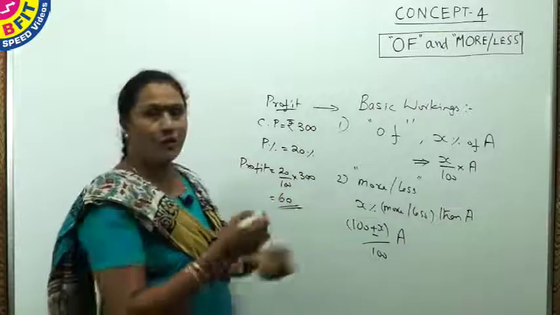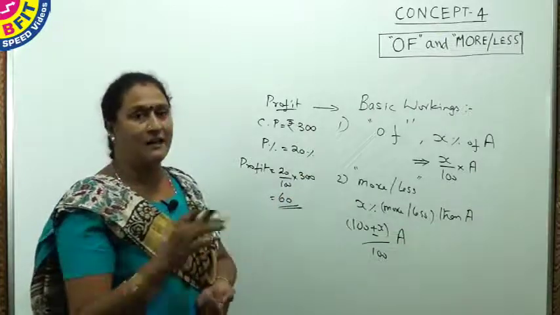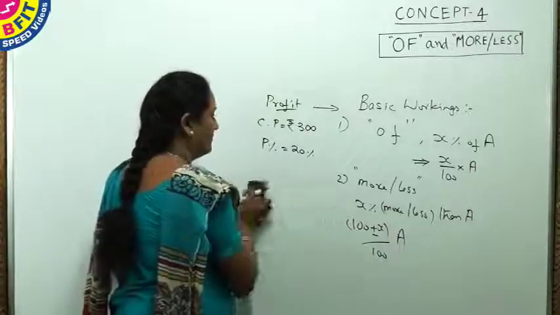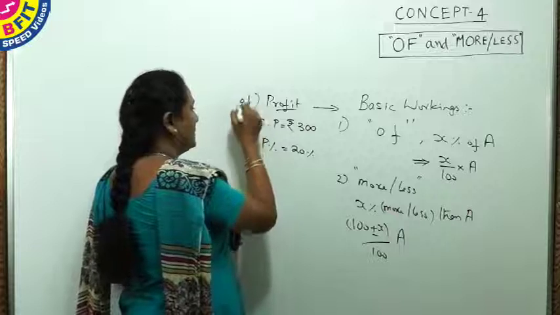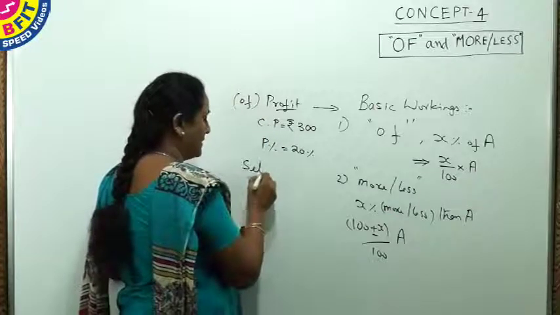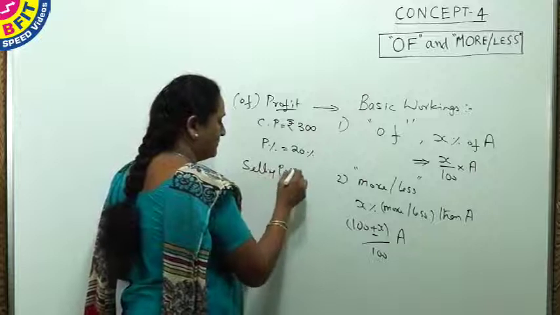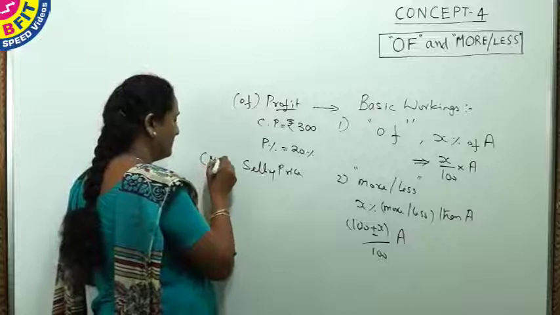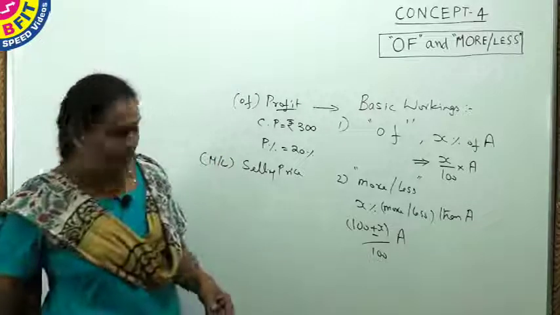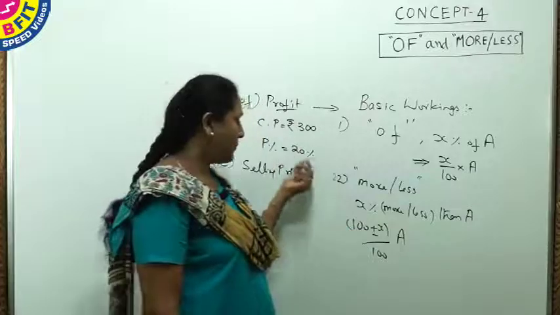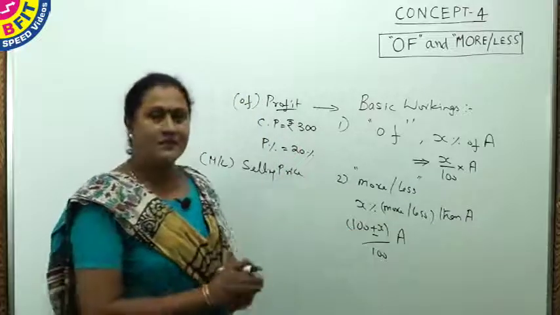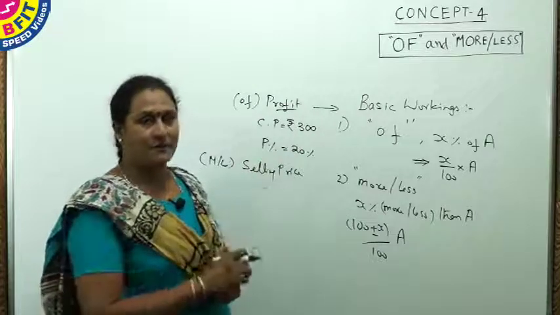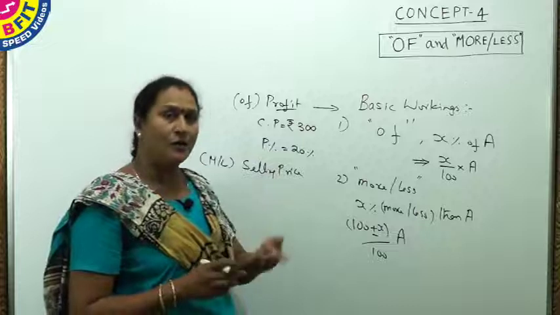An example for the more or less concept is the selling price. So this is for the "of" concept, and selling price is for the more or less concept. When cost price is 300 and profit percent is 20, what will be the selling price? The selling price will be the profit added to the cost price, or 20% more than the cost price.